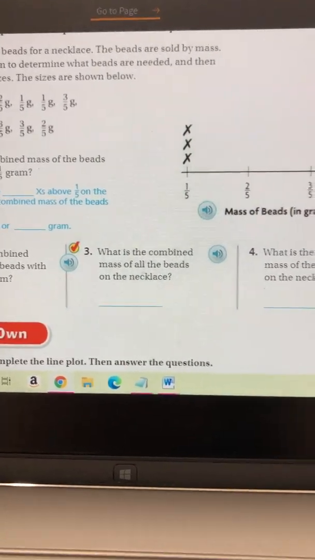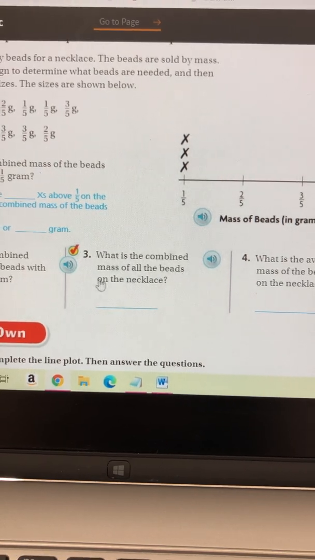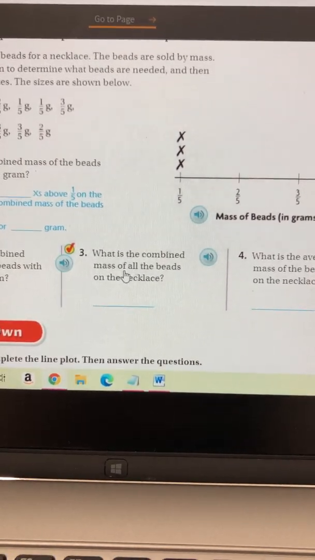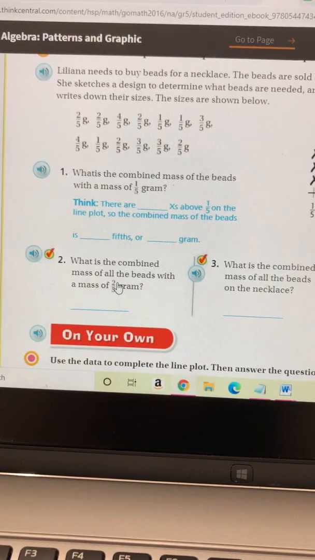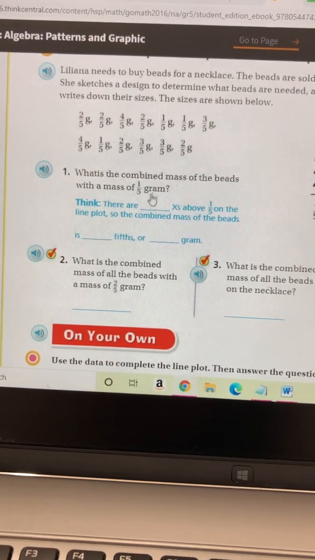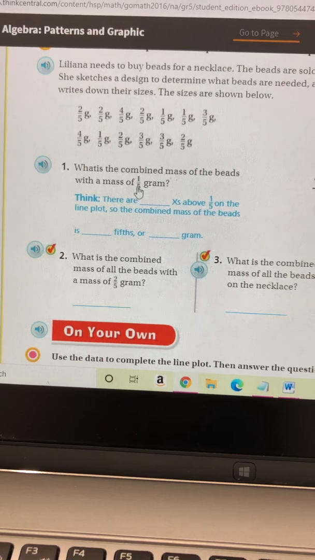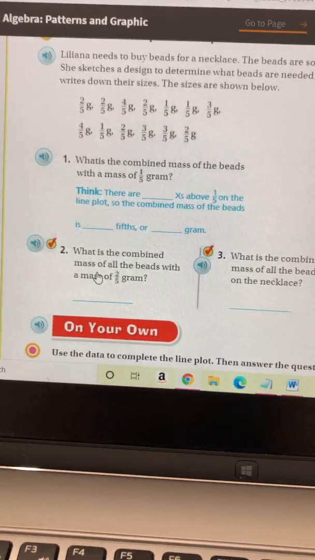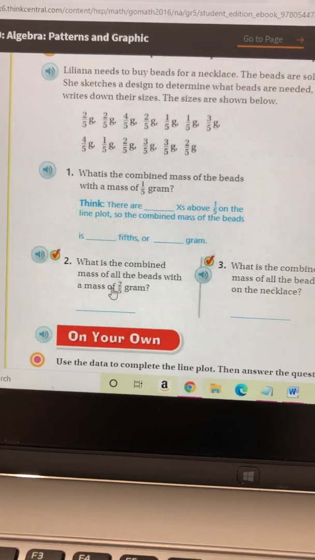Okay, let's read number 3. What is the combined mass of all the beads on the necklace? So because it wants all the beads, this question is different. They're not asking you specifically like number 2 and number 1. Number 1 was specifically asking us the combined mass of only one of them, 1/5. Number 2 was also only asking for a specific amount of 2/5.